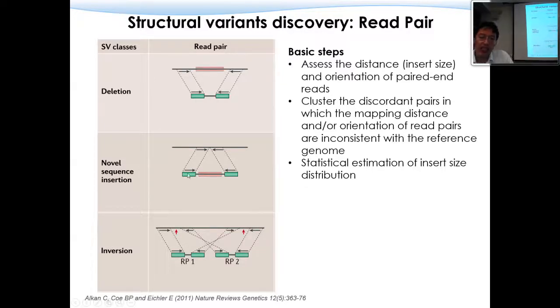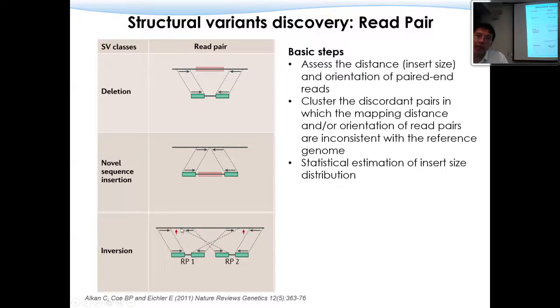In this case, this will be the insertion size, but this is more limited because in many cases, this will be much, much smaller. Sometimes they even run into each other. And then for the inversion side, you can see that this is pretty much not only based on the distance between these two ends, but also the orientations of the two ends.